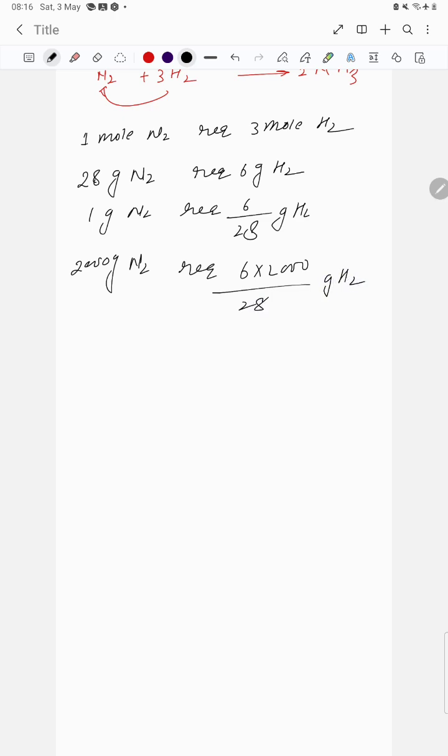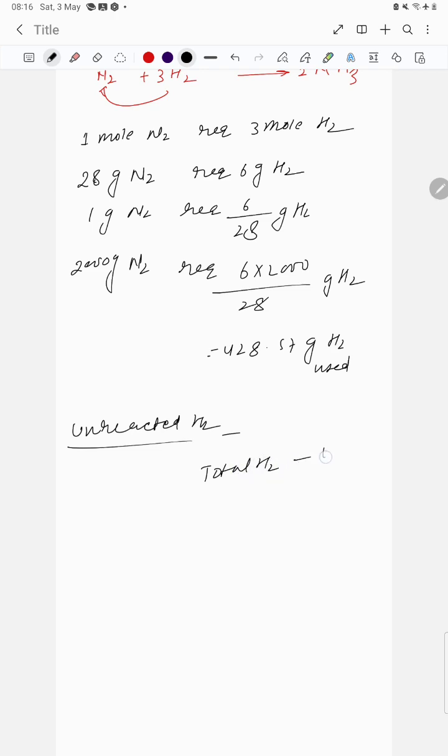So dear student, 12,000 divided by 28 gives 428.57 gram H2 used, right? So for the unreacted H2, student, total H2 minus used H2.